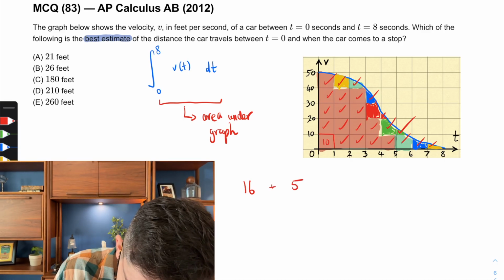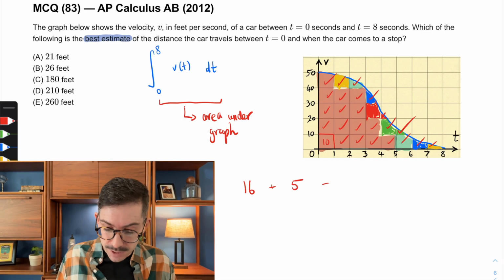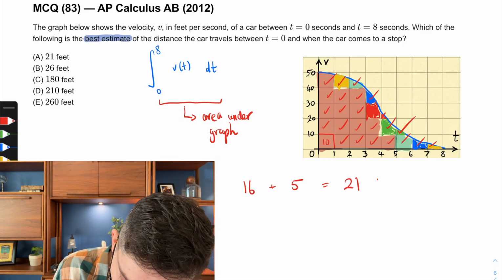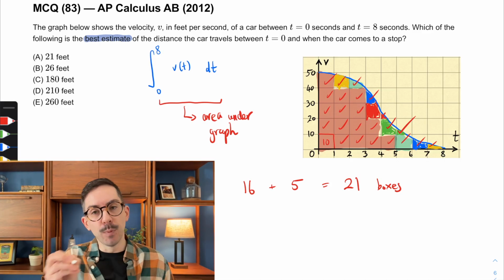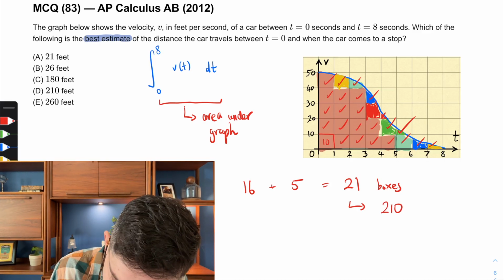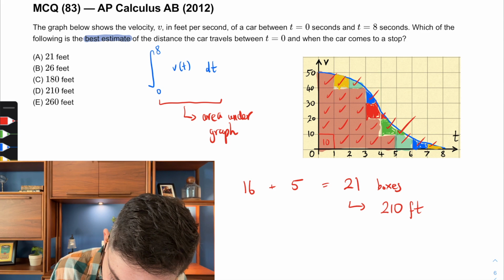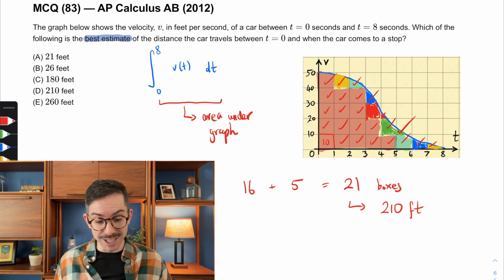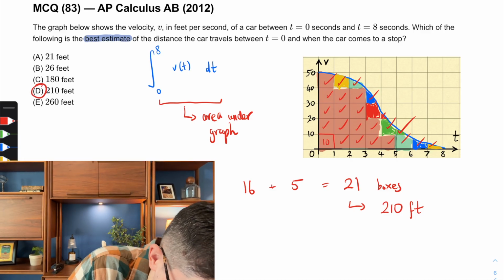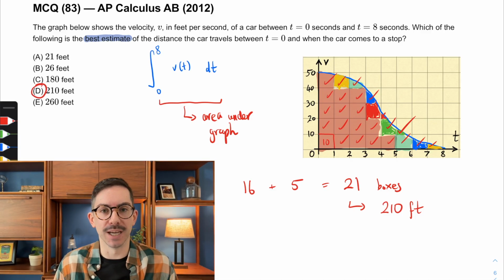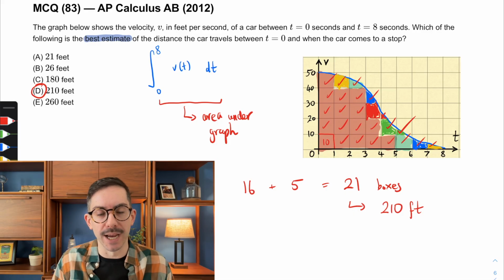So that's 16 plus 5 extra squares I was able to find. So that is 21 total boxes, and each box had an area of 10. So that means the total area under the curve is 210 feet. Is that one of my answer choices? Thank goodness it is. Yes. So choice D is the correct answer.